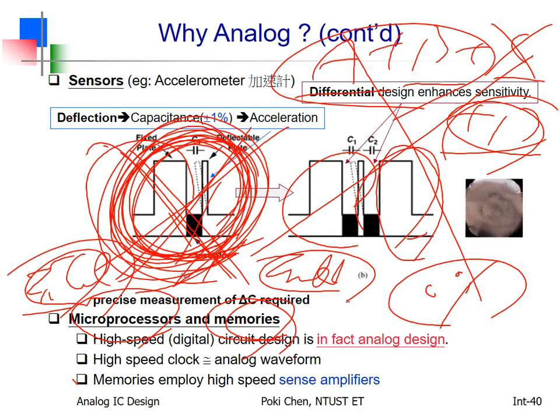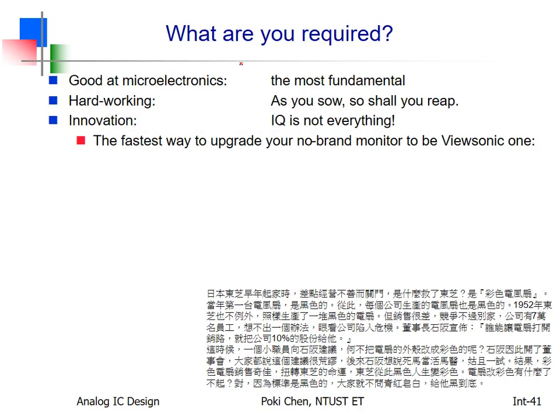But sorry, even for Intel, the king of CPU, it hires more analog IC designers than digital ones. And this is the reason why analog design is very, very important. Are you happy? The class is good for you, hopefully. All right, one more slide.